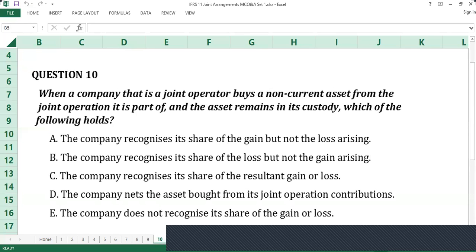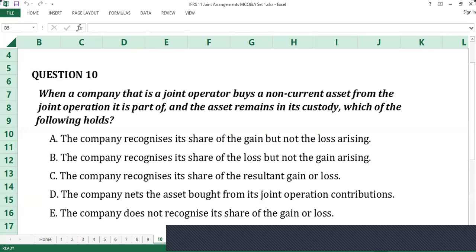Question number 10. When a company that is a joint operator buys a non-current asset from the joint operation it is part of, and the asset remains in its custody, which of the following holds? A, the company recognizes its share of the gain, but not the loss arising.